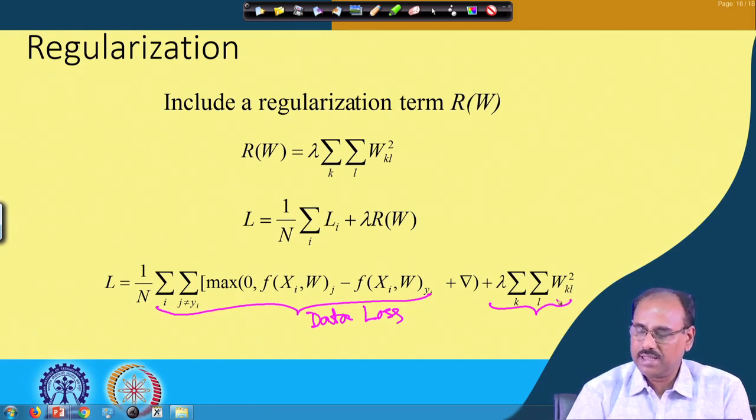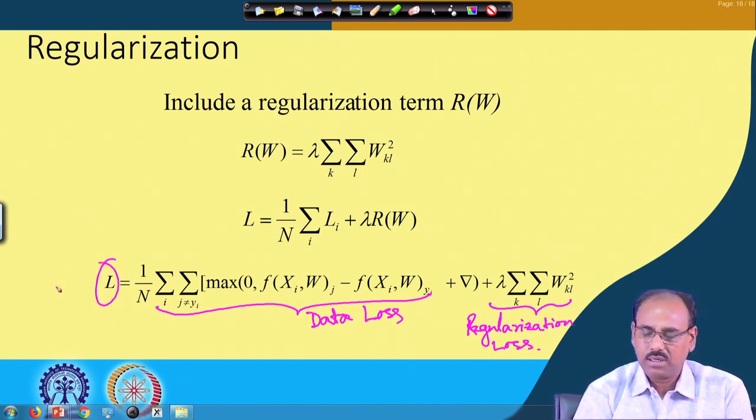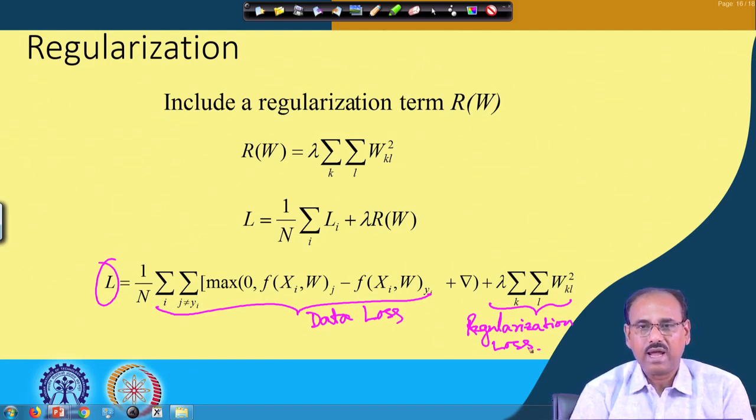Take the sum over l and k, and this is what is known as regularization loss. So the overall loss function includes two terms, the data loss and the regularization loss. While designing this multi-class support vector machine, we have to minimize this overall loss function.